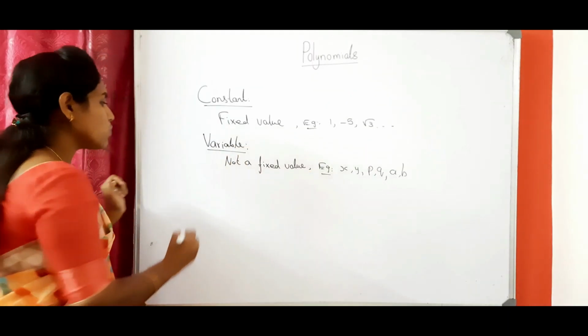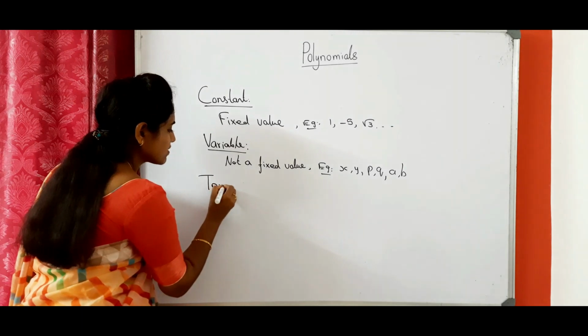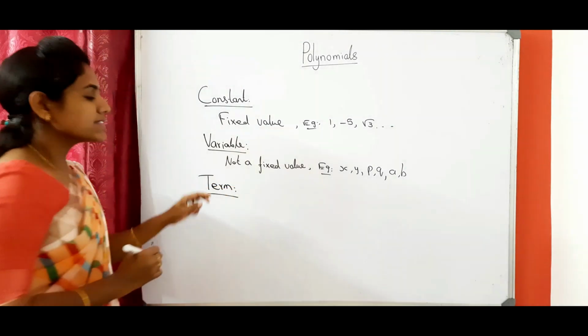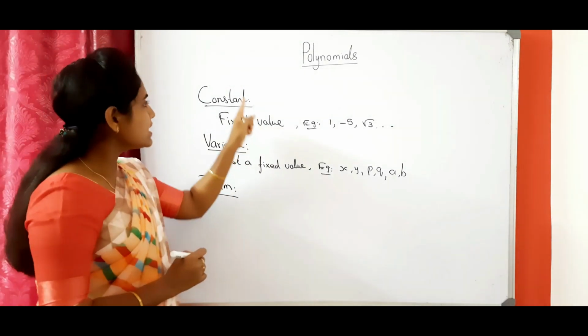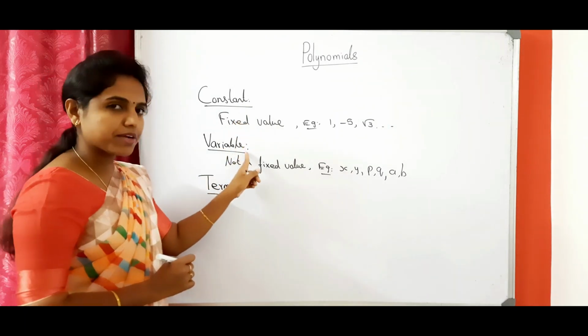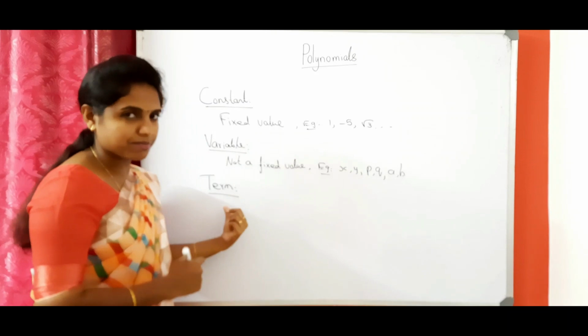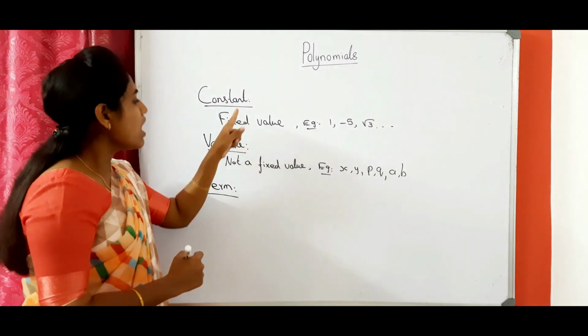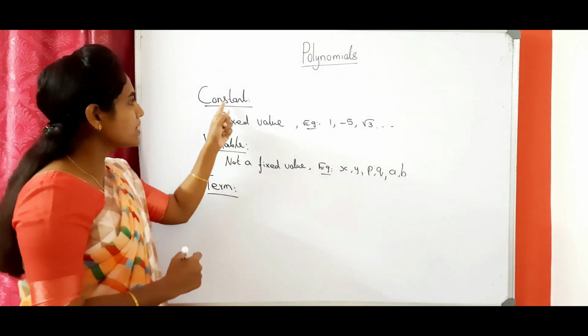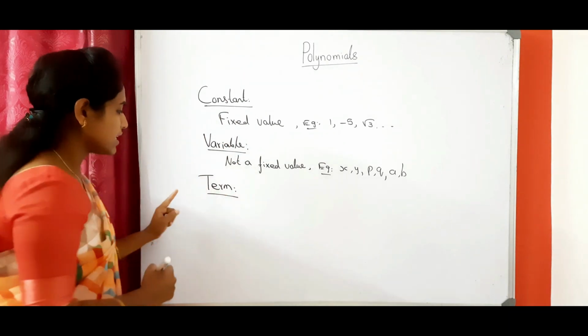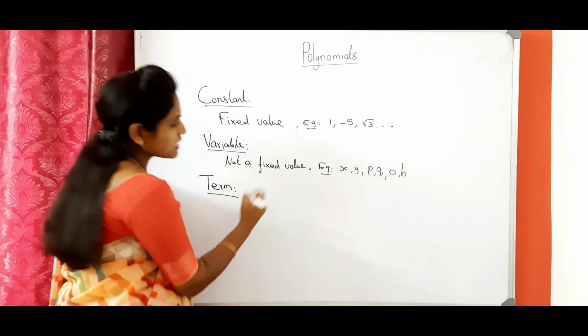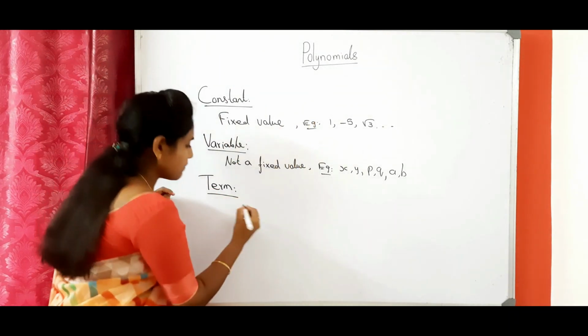Next we have to know what is a term. Term means only a constant, or a variable, or a combination of both constant and variable. For example, only a number: 3, this is one term. Only a variable: x, this is also one term. Then a combination of constant and variable: 4y.